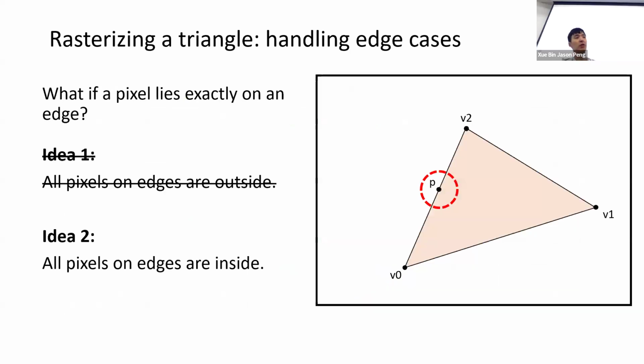So unfortunately, this particular strategy is able to ensure that we don't get any gaps between triangles, but it introduces a dependency on the order in which we draw the triangles. So this is also undesirable. Ideally, we want to get the same image back, regardless of what order we draw those triangles in. So unfortunately, this second strategy also doesn't quite work.